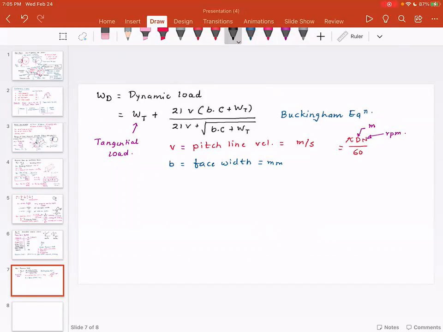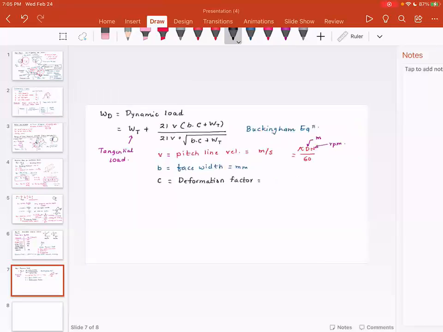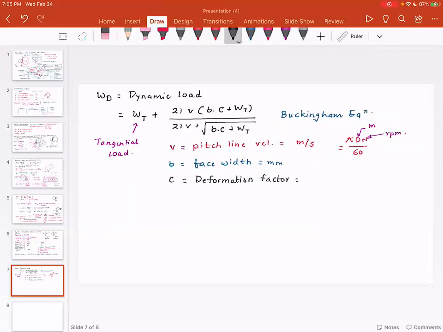And C is called the deformation factor, and it is very interesting to know that it is given in Newton per millimeter.